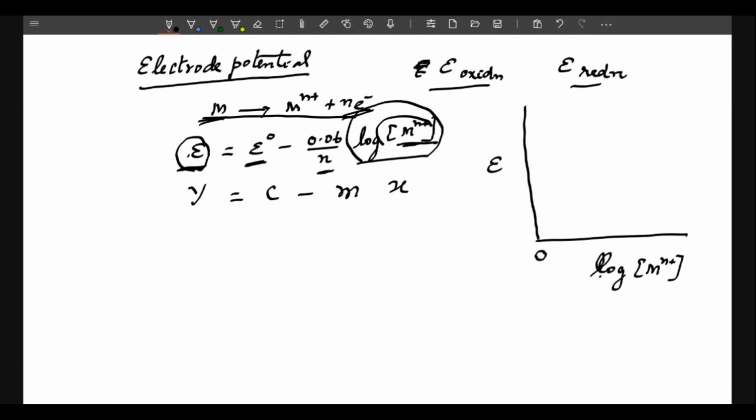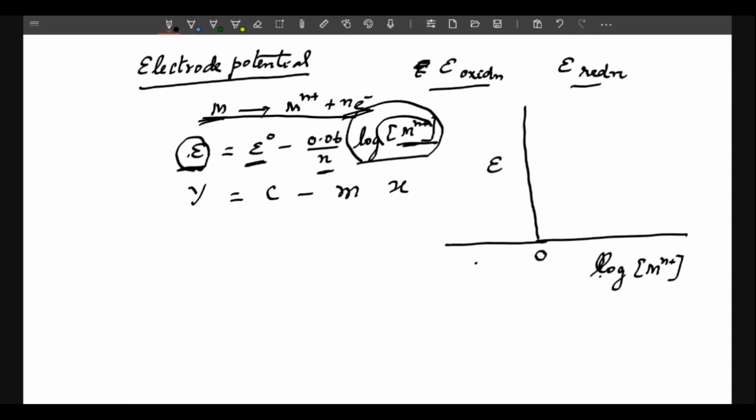When will this log value be minus? Sometimes it may be going on this side also, because when the concentration value is less than 1 molar, log of 0.8 or log of 0.7, a negative value would be there. Therefore, log of 1 is this one.